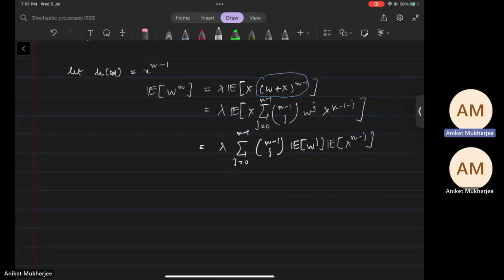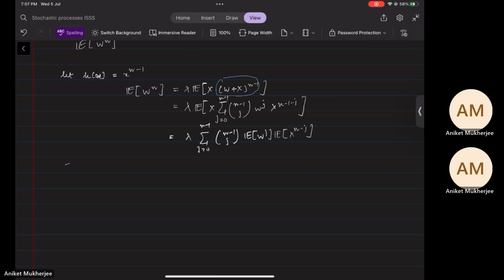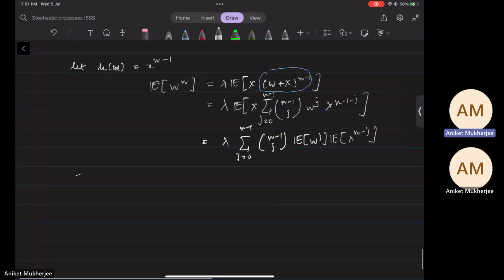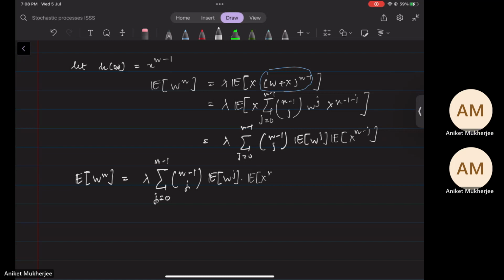Now what we'll do is we'll put n equal to 1, and we will solve these. So what we have is expectation of w power n is equal to lambda summation j equal to 0 to n minus 1, n minus 1 choose j, expectation of w power j into expectation of x power n minus j.